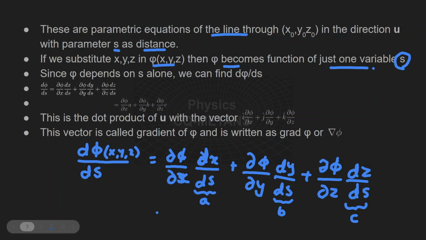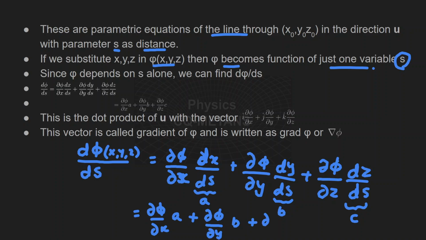So I can write this equation as ∂phi by ∂x times a plus ∂phi by ∂y times b plus ∂phi by ∂z times c. This is what we obtain.